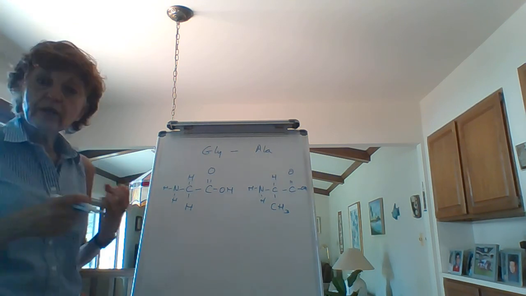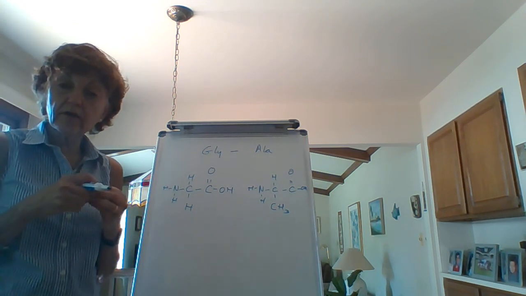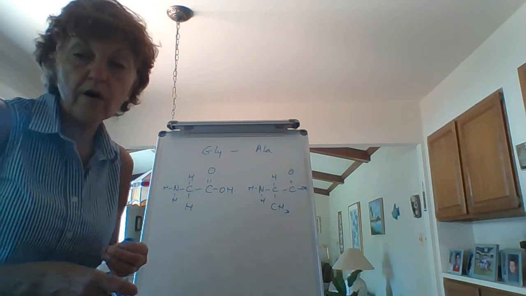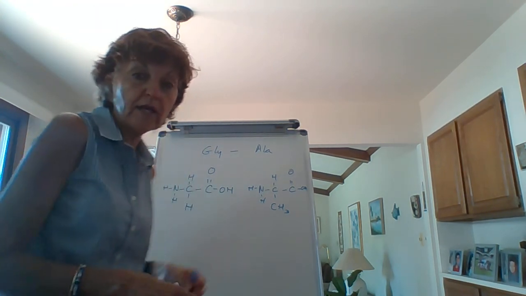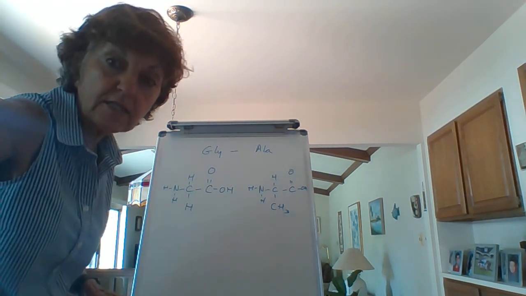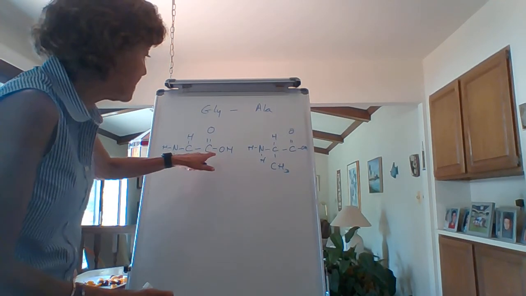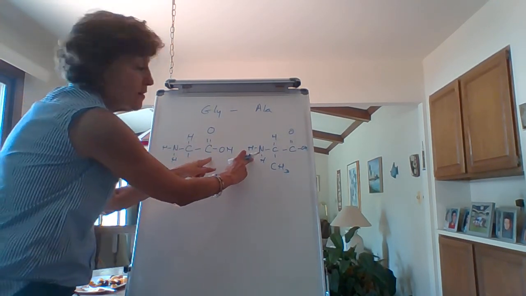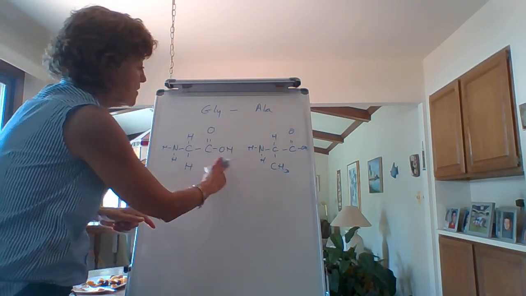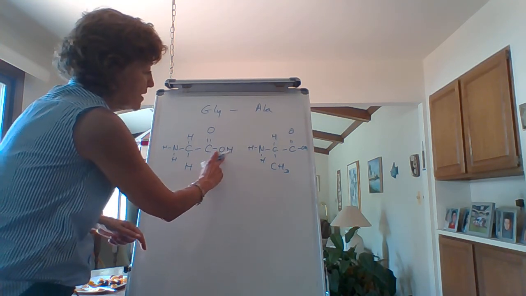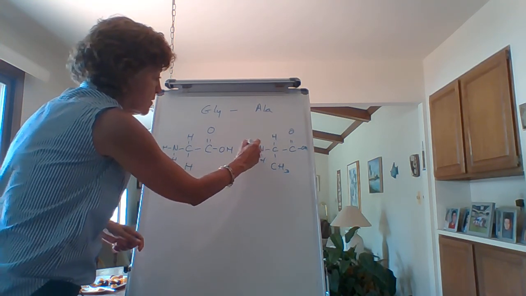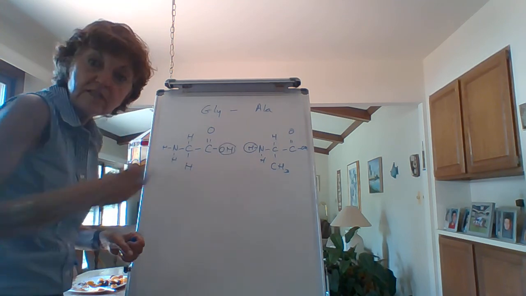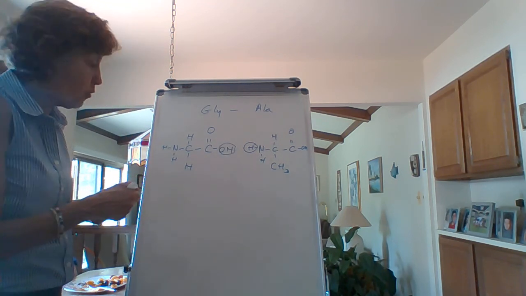When you create a peptide bond, you remove a molecule of water. So you're removing an HOH. So you should be able to see that you're going to be linking these two guys. So you can see that there's an HOH. See this H and this OH. We're going to take that molecule of water away.